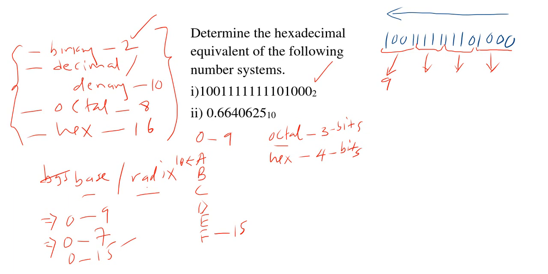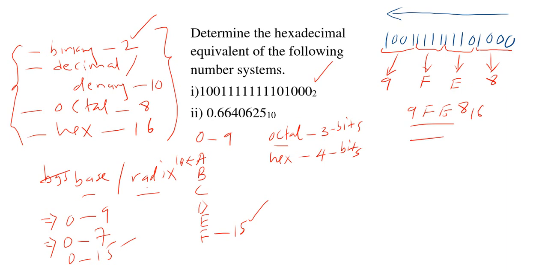When you look at these 4 ones, it is 15, and when you convert 15 to binary, you get 4 ones. But in hexadecimal, we write F. Next, you get E, and the other one is 8. So our hexadecimal number is 9FE8 base 16.